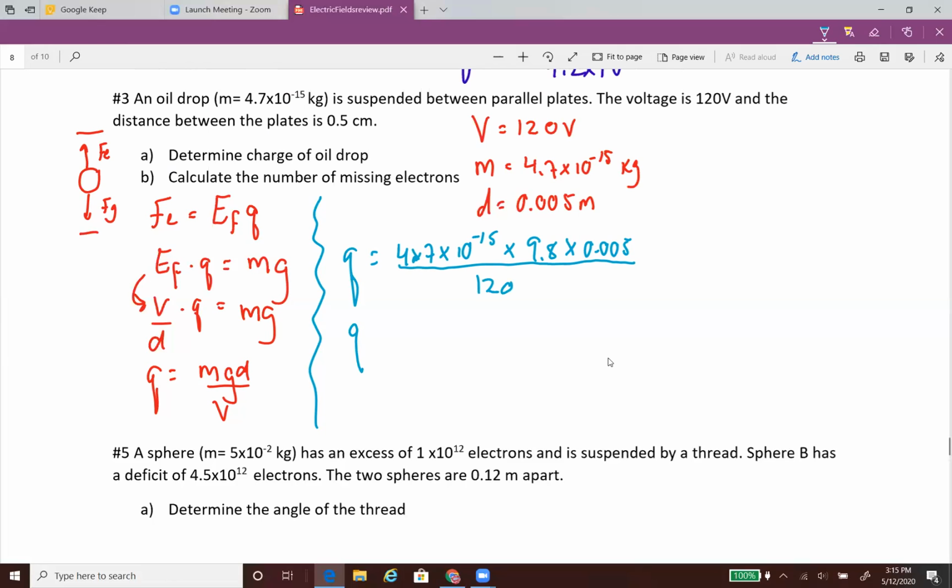That will give you a charge of about 2 times 10 to the minus 18 coulombs. So that would be A.